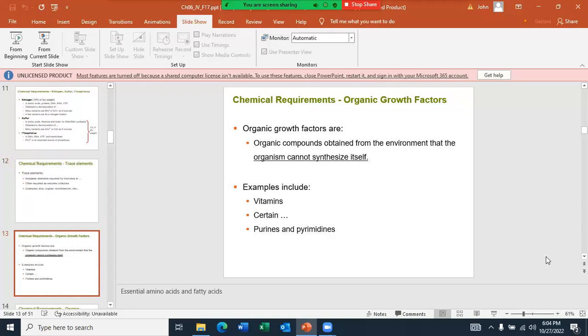All right, cells may have an organic growth factor, which is a requirement. Not all cells have an organic growth factor that is a requirement in order for the cell or the organism to live. Can anyone mention an organic growth factor for humans? What is an organic compound obtained from the environment that humans need?